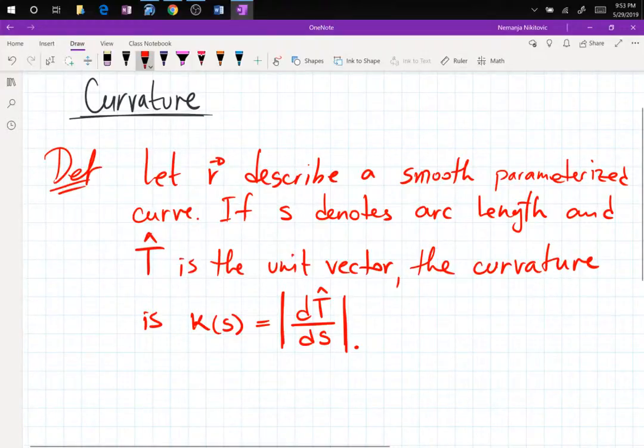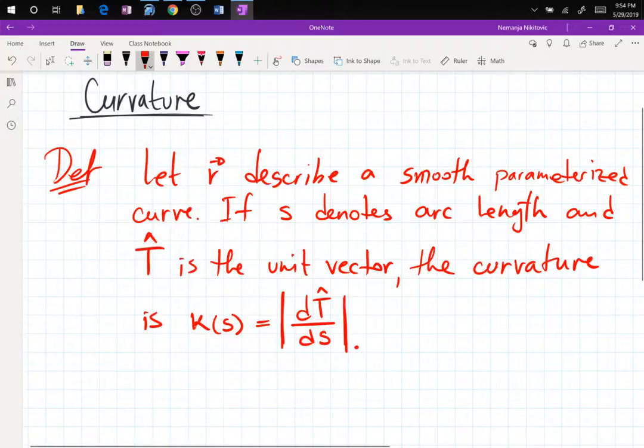Now, why is it good to explain the concept with the arc length? Well, let's talk about the curvature over here. First off, I said already earlier that the straight line has infinite curvature. Now, let's take a look at a loop. So if I have some kind of a loop, in this case, the arc length would be a part of this loop.